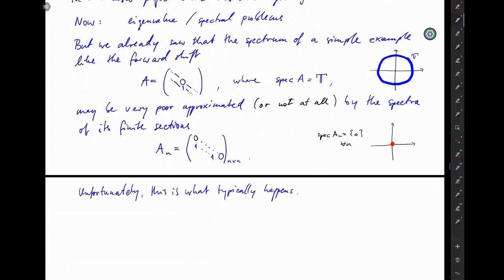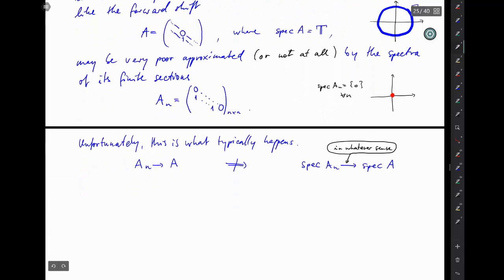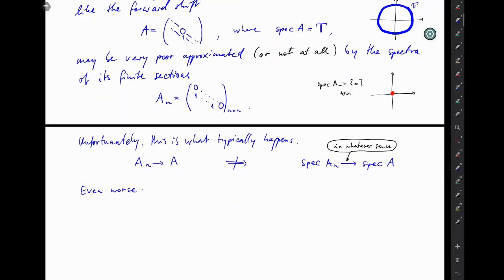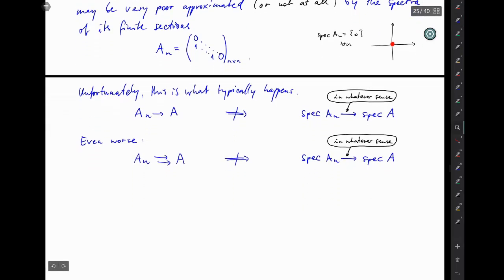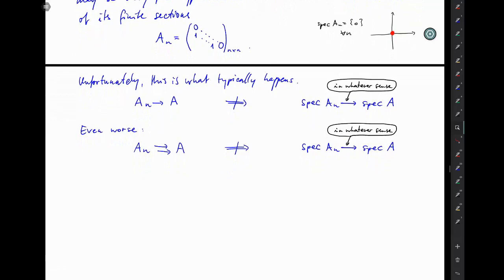Strong convergence of A_n to A does not imply convergence of the spectra in whatever sense. And actually the situation is even worse. Also, uniform convergence does not generally imply convergence of the spectra. And this is unbelievably bad news, so we should see this in at least one example.